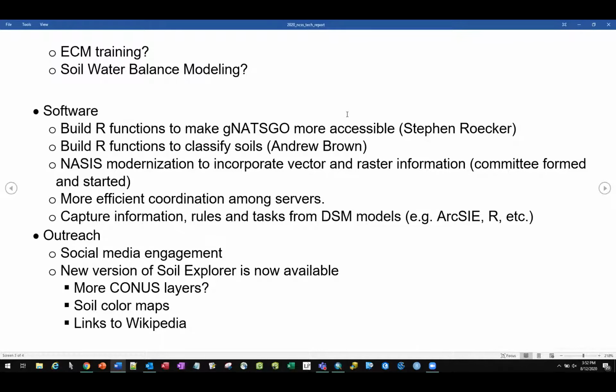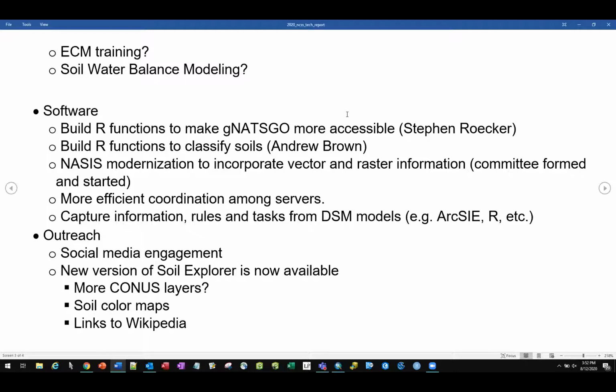We need to build R functions to classify soils. Andrew Brown is starting to push in that direction. There's a committee now that is formed, and it has started. It's been funded, and it's a 3-year, if I remember right, project to assess the needs for a new NASIS modernization.